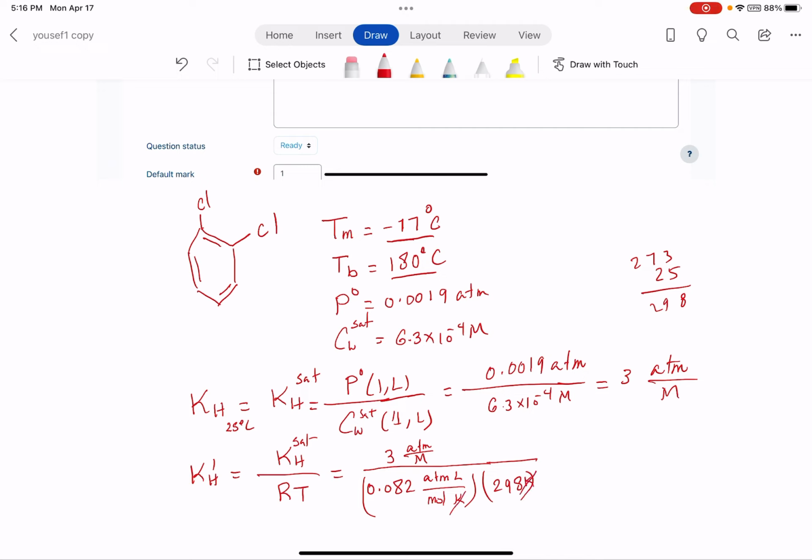So Kelvin with Kelvin, atmospheres with atmospheres, and molarity with molarity, and you end up with unitless. So this is 0.12.